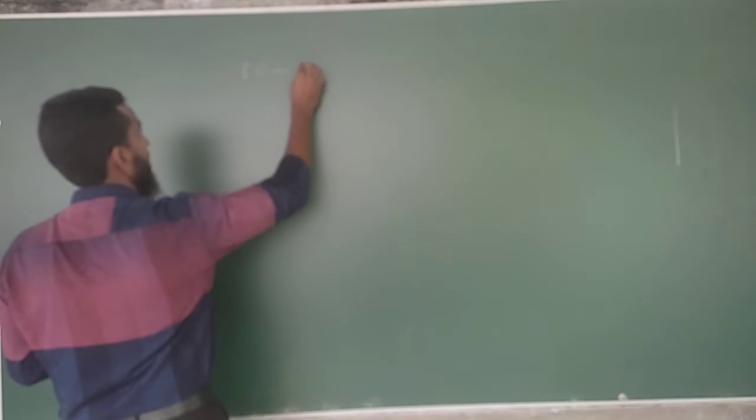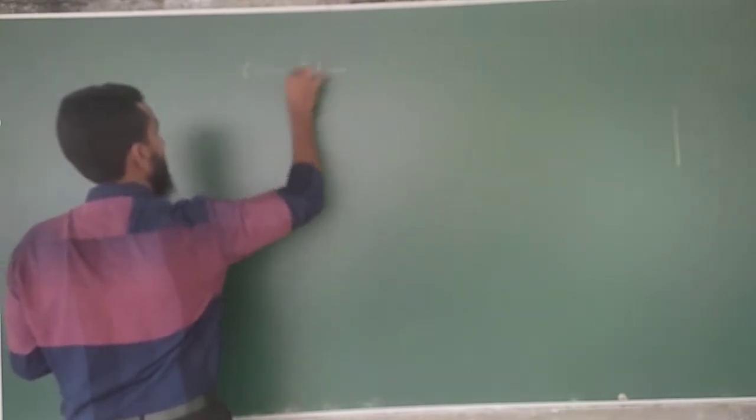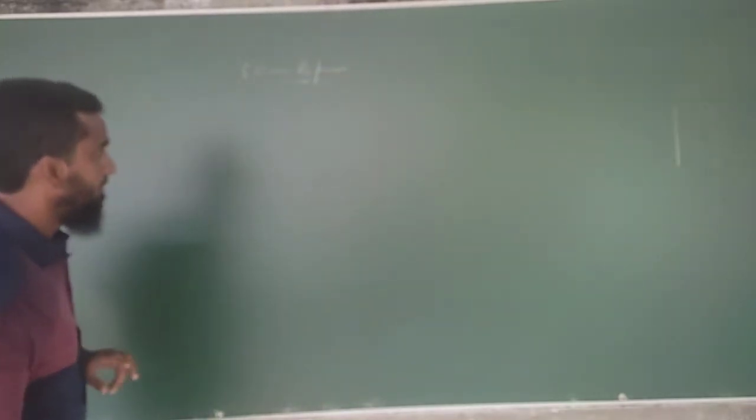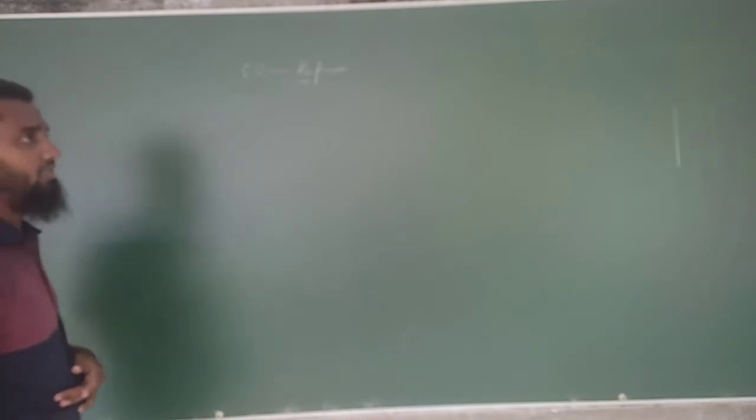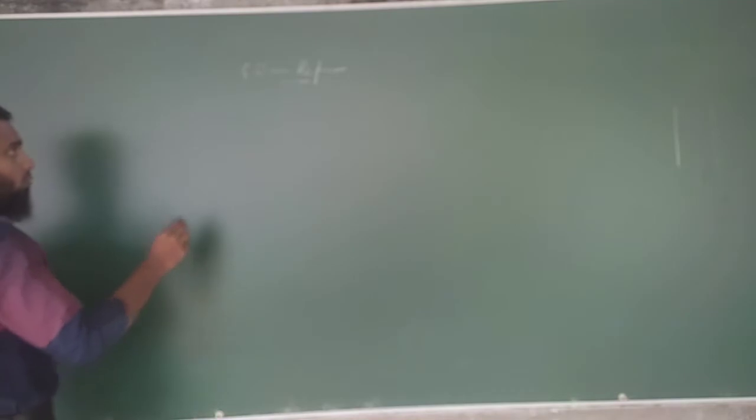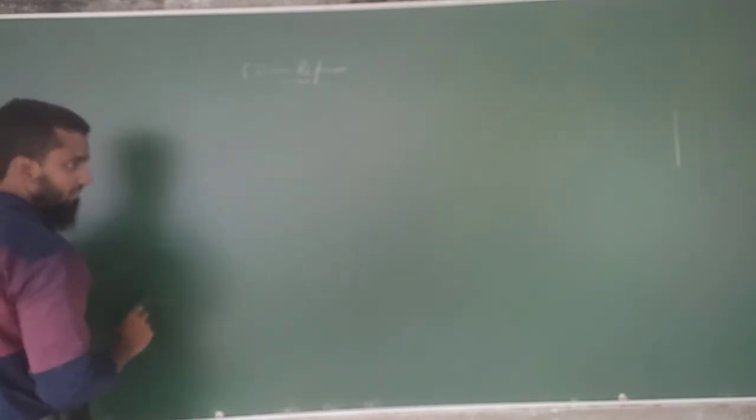Chapter 5, unit 5, we are discussing refraction, right? We started last day, in the last video, the refraction, how the light is going to refract in the convex and concave lenses.